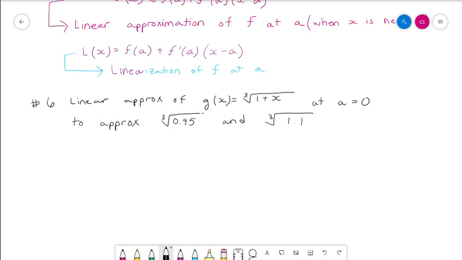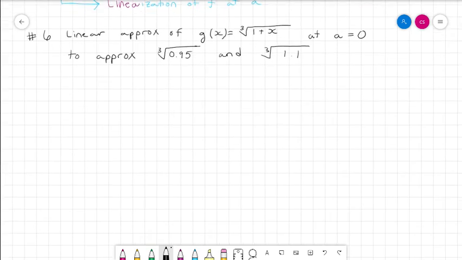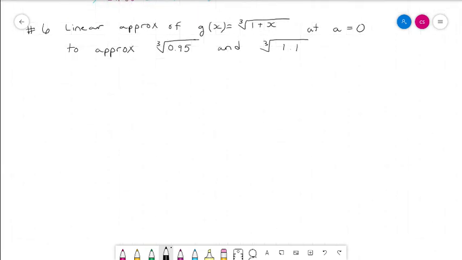Okay, so taking a step back, if we had to figure out the cubed root of 0.95, it'd be really difficult to do that without a calculator. Okay, so our linear approximation might be able to help with that. So linear approximation, there's your keyword.